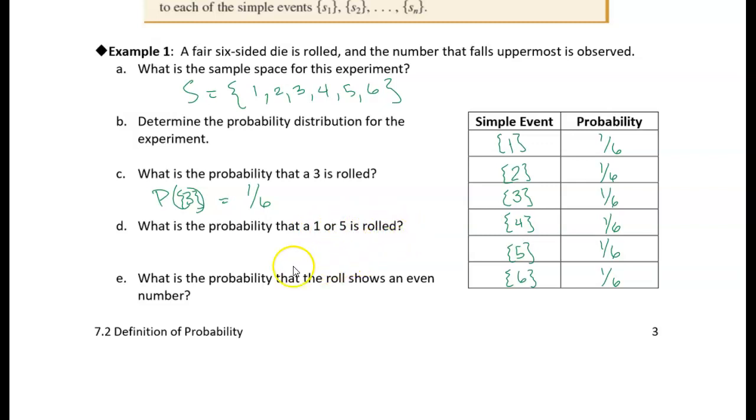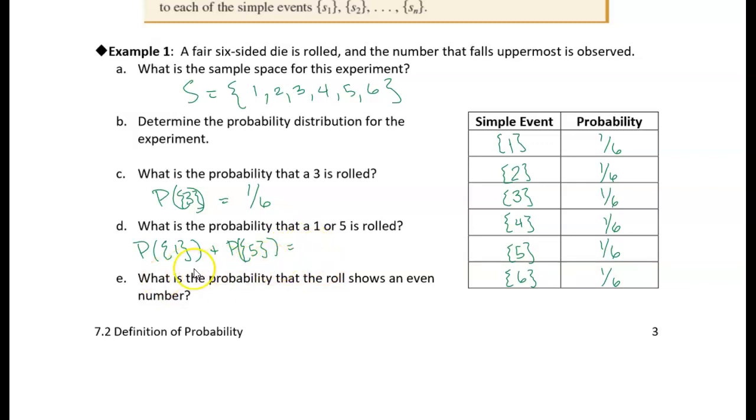What is the probability that a 1 or a 5 is rolled? Okay. Well, now this is where we get to apply that property of probability, where we can sum the probabilities of the simple events, right? So I can take the probability of getting a 1 and add the probability of getting a 5. Oftentimes I don't put the curly brackets around it, but I will in this case, because technically that's what you should do.